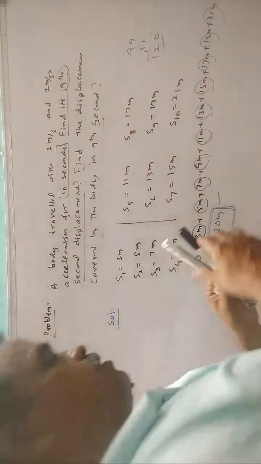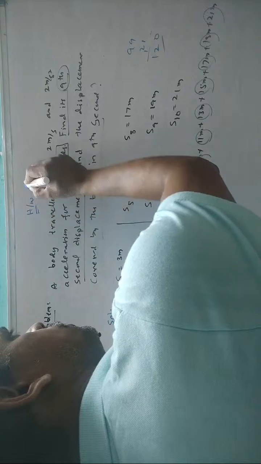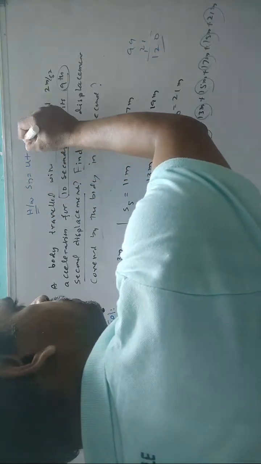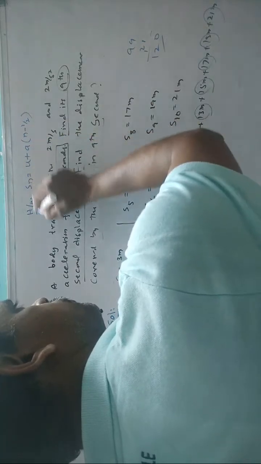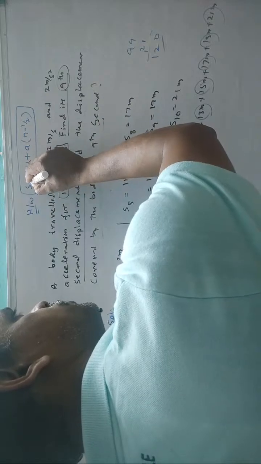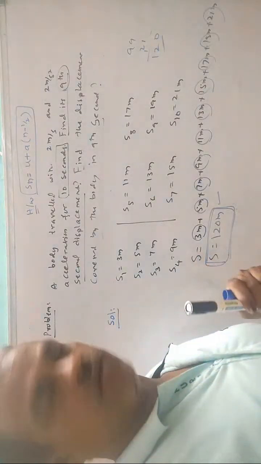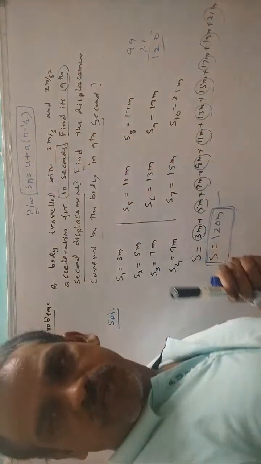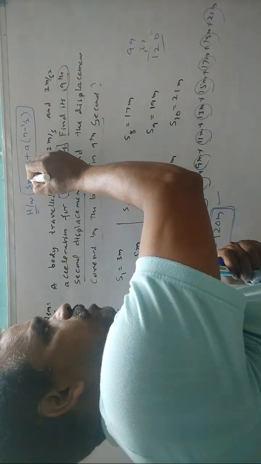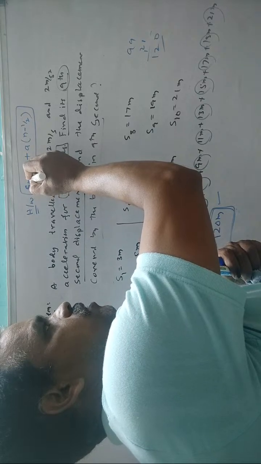Okay, good. Now I am changing homework for you today's. Depends on the formula Sn equal to U plus a of n minus 1/2. This is the formula, nth second displacement. The displacement covered by the body in nth second. Sn, displacement covered by the body in nth second.